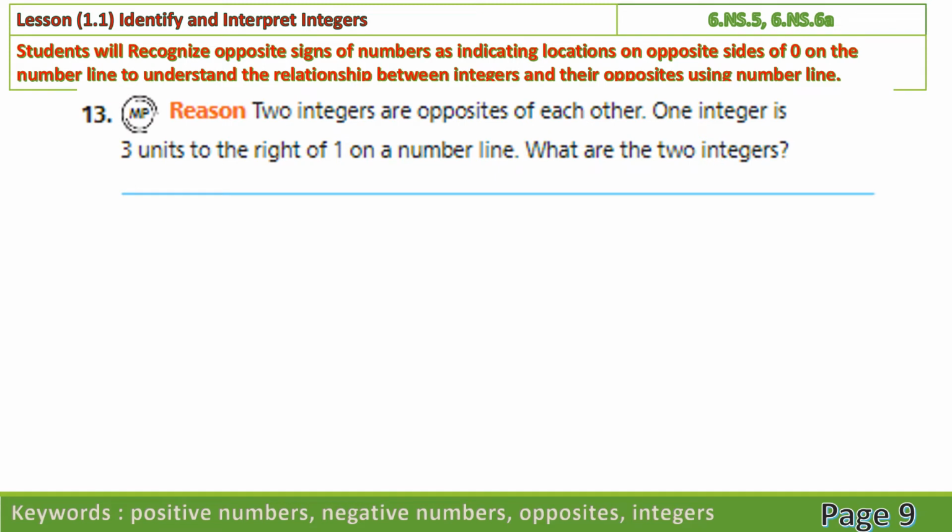Two integers are opposite of each other. One integer is 3 units to the right of 1 on a number line. What are the two integers? Look at this. Here we have 0, then 1, 2, 3. On the left we put the negative numbers, and on the right we put the positive numbers.